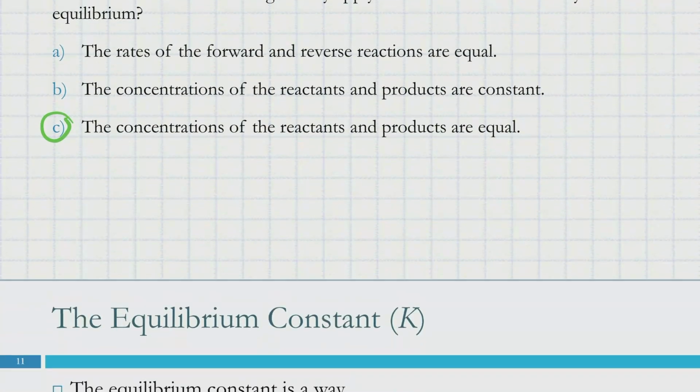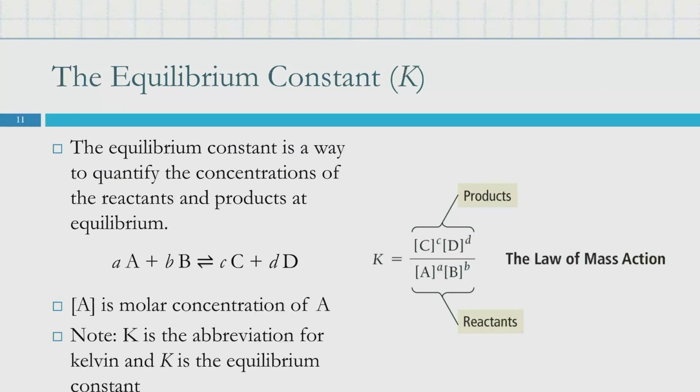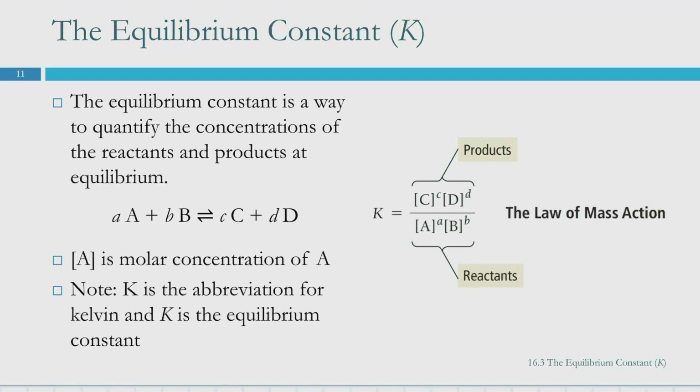All right. Our equilibrium constant K, we define it this way. So our equilibrium constant is a nice way of defining our balance of reactants and products. You should have this general scheme of how to come up with an equilibrium constant memorized.